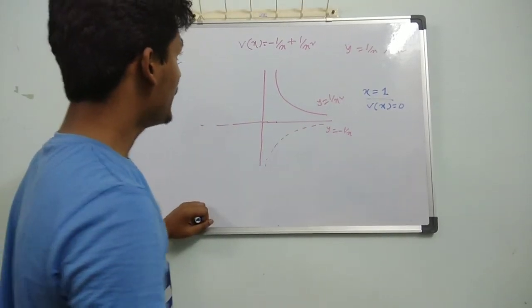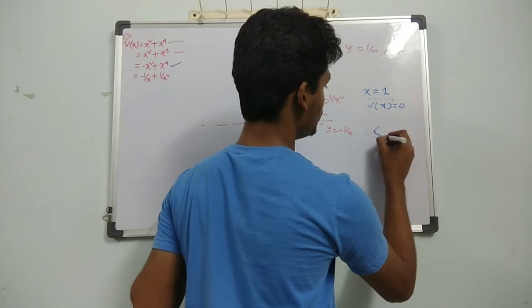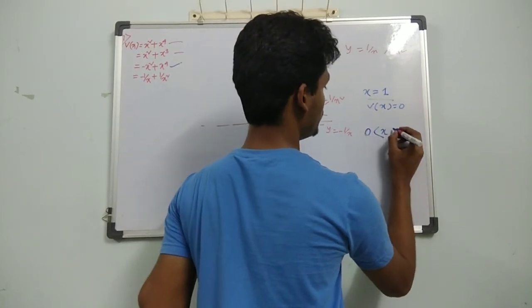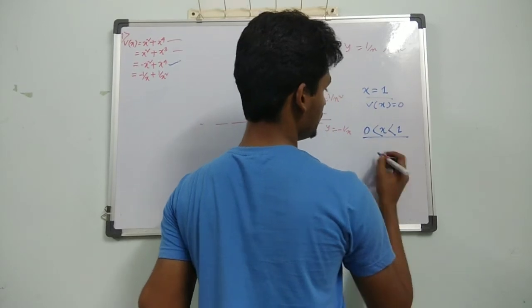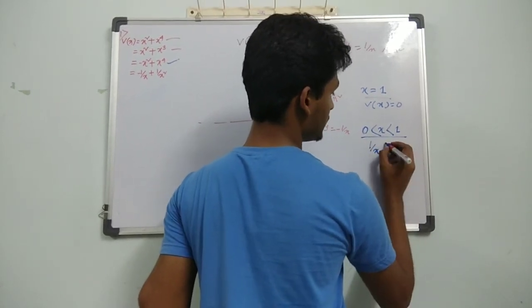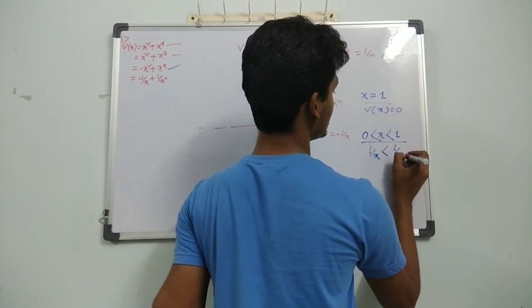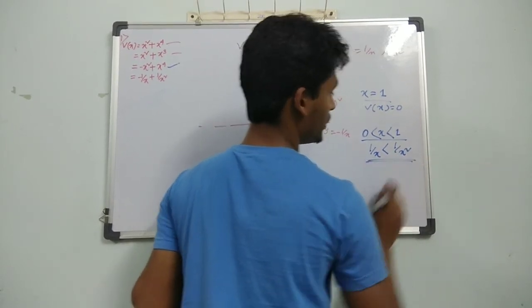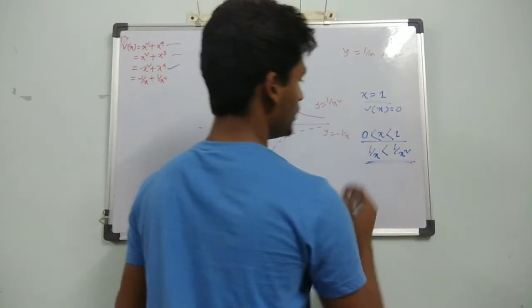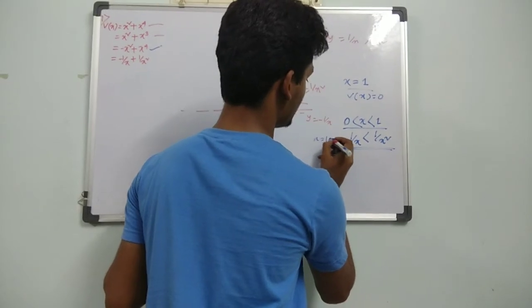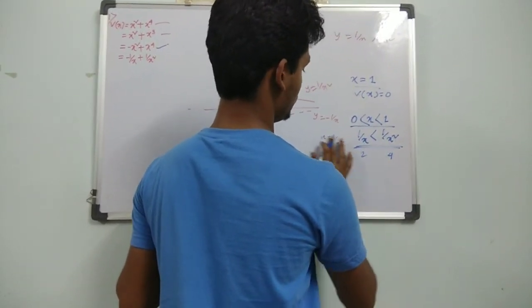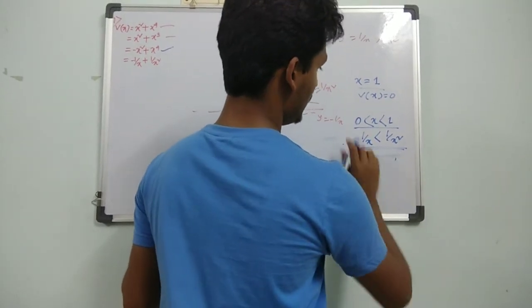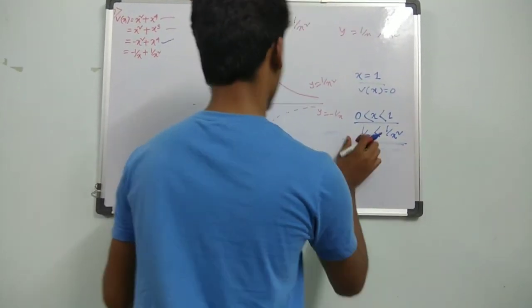And as you know, from 0 to 1 in this region, 1 by x and 1 by x square literally follow this type of equation. Just take x equals half, then 1 by x will be like 2 and this will be like 4.